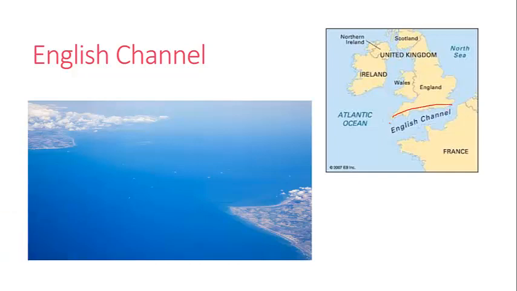The English Channel is located right here in between England and France. It is on the south part of England and the northwestern part of France, and it separates the two countries. So if you can see, on one side we've got France, and on the other side we've got England.